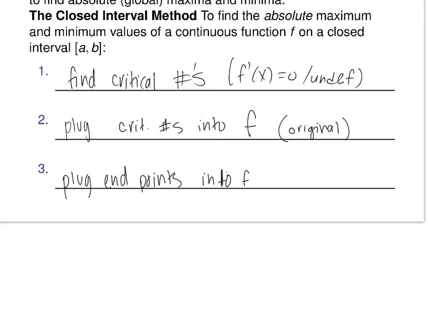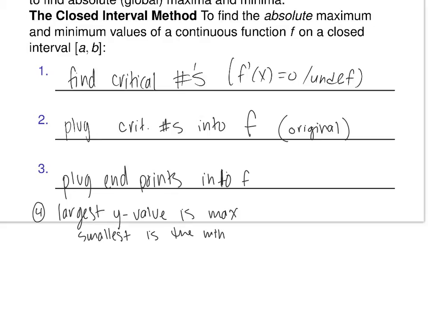And I guess this is kind of like step 4. The largest y value is the max. Smallest is the minimum. And the kicker is that it wants y values. If WebAssign, or the homework, says find the absolute maximum, it's asking for the y.